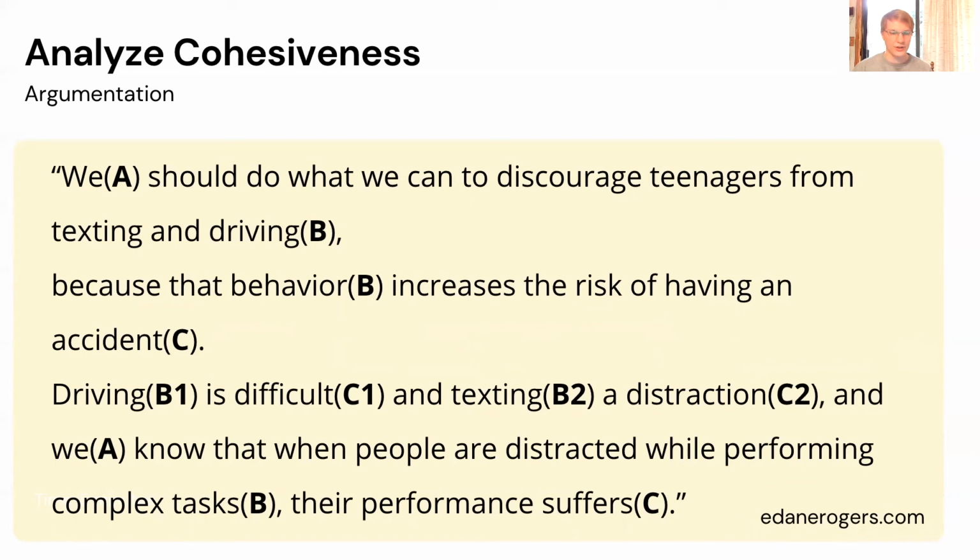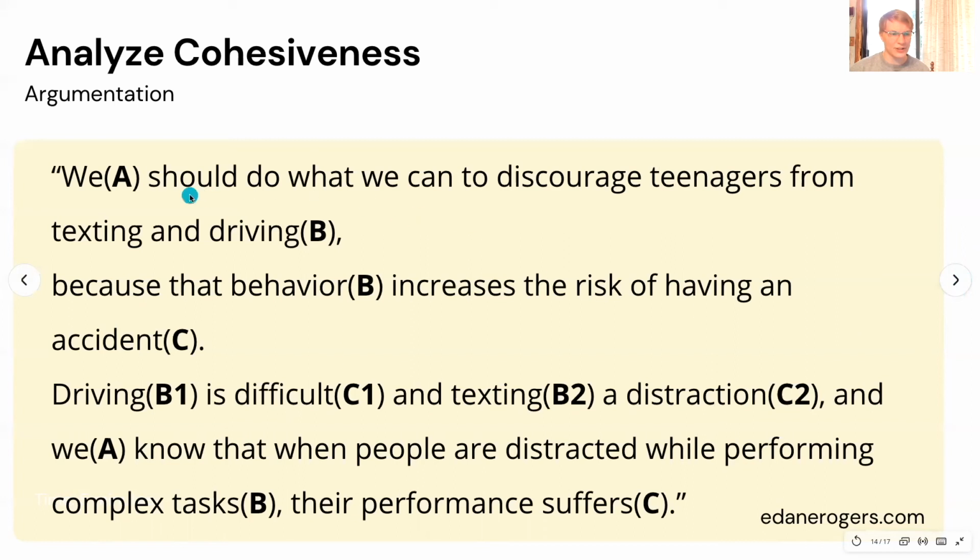Now she's reversing her argumentation. Driving, B1, is difficult, C1. And texting, B2, is a distraction, C2. And we know, this is in her warrant, she's returning back to the beginning of her argument to summarize. We know that when people are distracted while performing complex tasks, B, their performance suffers, those complex tasks being texting and driving, and the performance suffering being the accident.